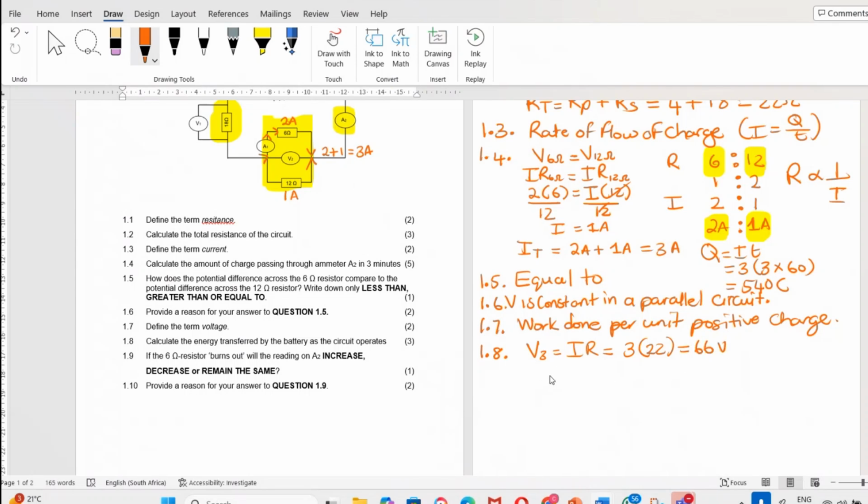So in order for us to find the energy transferred by the battery, we would say W equals VQ. We already have 66 volts from the battery. So now we have to find Q, but we don't have Q at the moment.